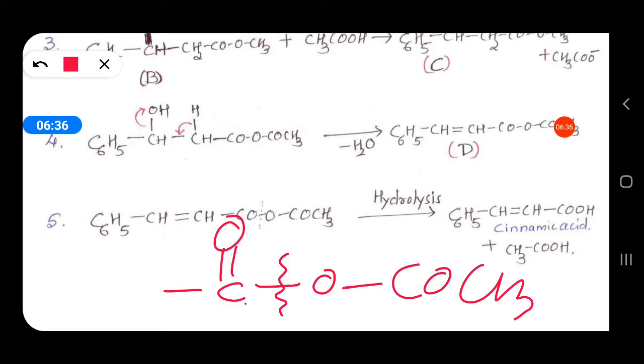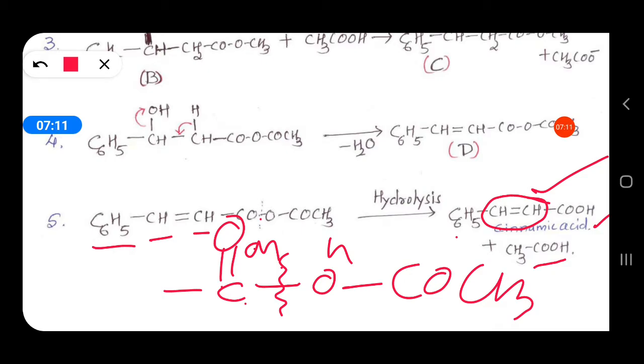On one side OH and on the other side H is added, so it becomes C6H5 CH CH COOH. So the unsaturation is at the alpha and beta, in between the alpha and beta carbon. So the obtained product is called cinnamic acid, and acetic acid is generated here.